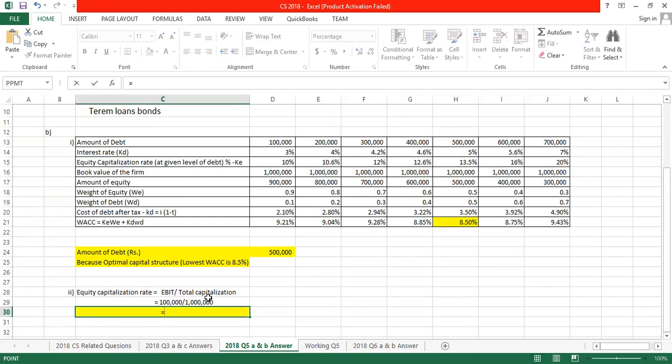See the answer. Earning before interest and tax is 100,000 divided by total capitalization of 1 million. So the equity capitalization rate is 10%.